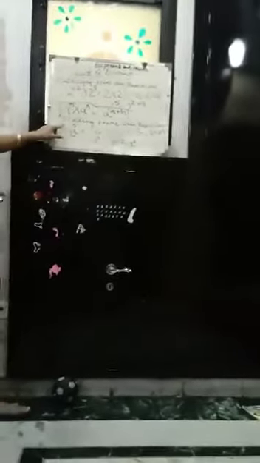So this can also be written as 2 raised to power 5 minus 2, which is equal to 2 cubed. So when these numbers are dividing and have the same base, their powers will be subtracted. So this can be written as a raised to power m divided by a raised to power n is equal to a raised to power m minus n. This is the general rule.